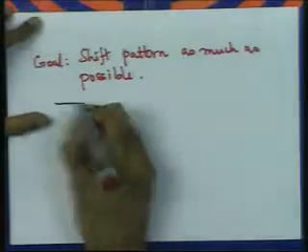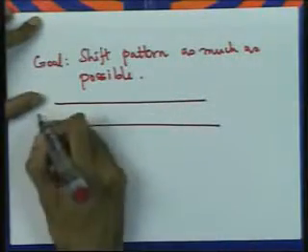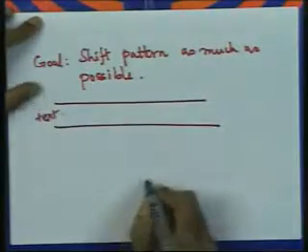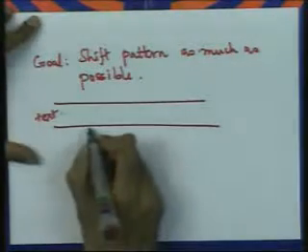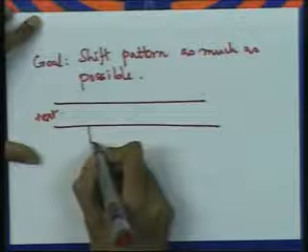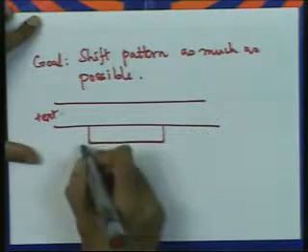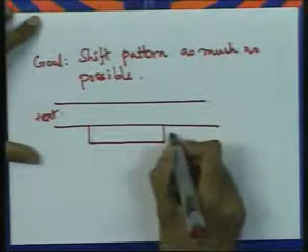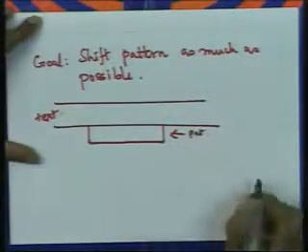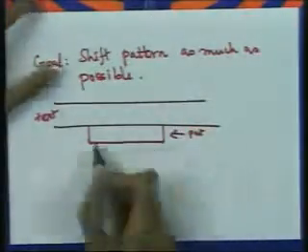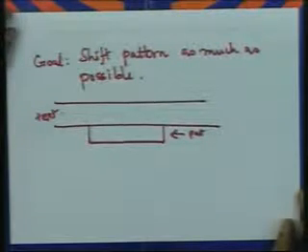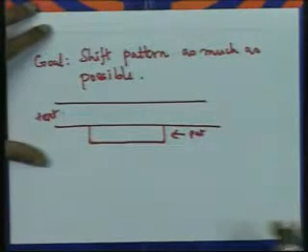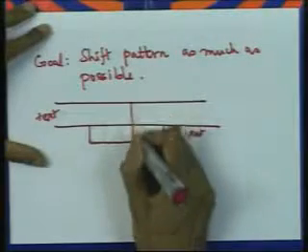Here's my text. We're going to see many of these 2-lane highways throughout this talk. Here's my pattern. In fact, in this figure, this is a text and that's a pattern. I'm not going to keep writing this text pattern business. Now let's say there's a mismatch here.